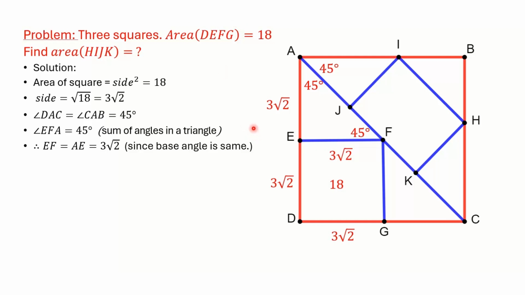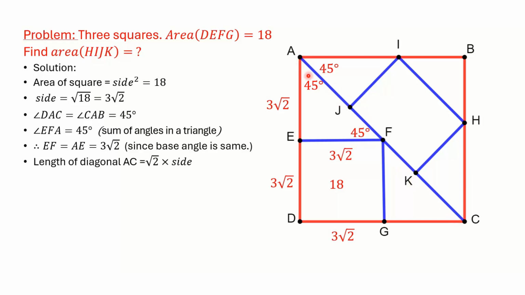So now I know the side length of the bigger square. So AD is equal to AE plus EB, that is 3 root 2 plus 3 root 2. This means AD is equal to 6 root 2. So I can calculate this length AC.